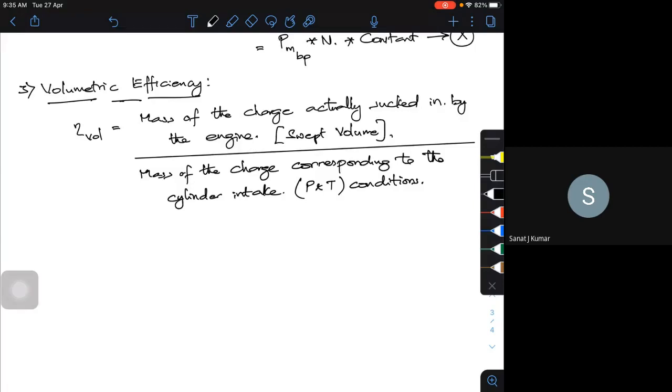So what is the method of increasing this volumetric efficiency? One of the newer methodologies is supercharging. With supercharging, we supply the fuel or fuel-air mixture at a slightly higher pressure.